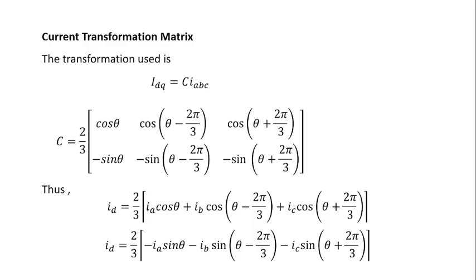And IDIQ can be written like this, where IDQ is C times IABC, but C matrix is this one.